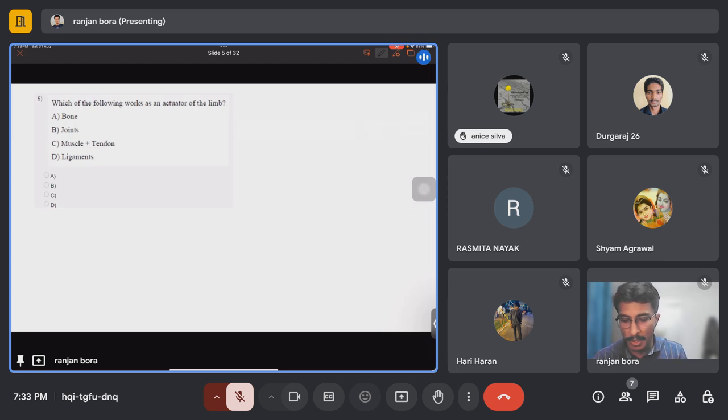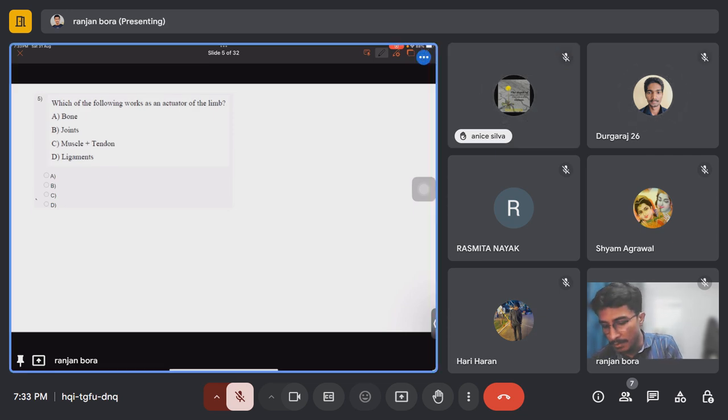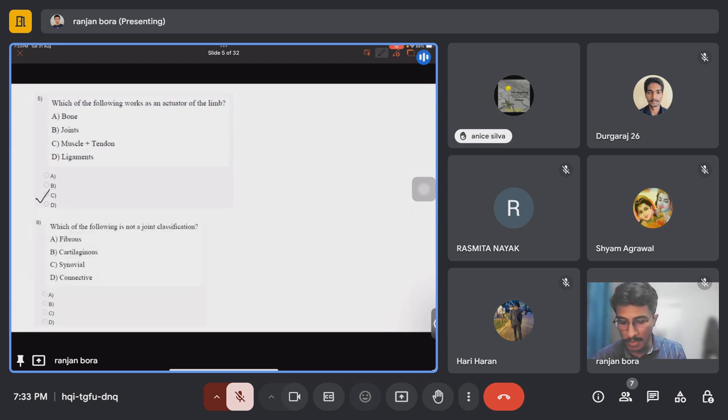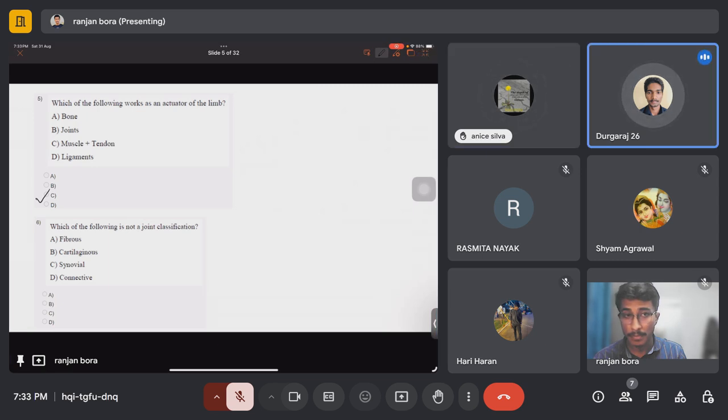Which of the following works as an actuator of the limb? Muscle to tendon. Yes. Next, which of the following is not a joint classification? Connective.